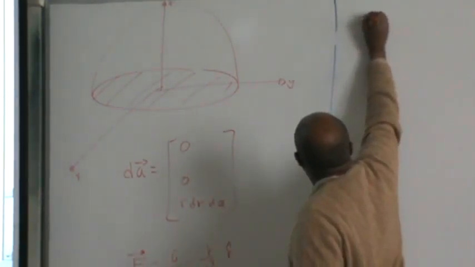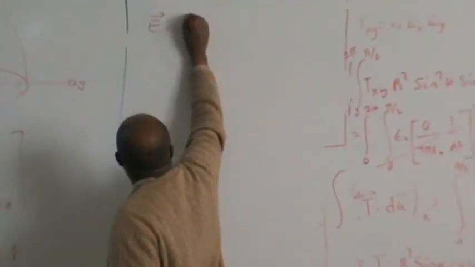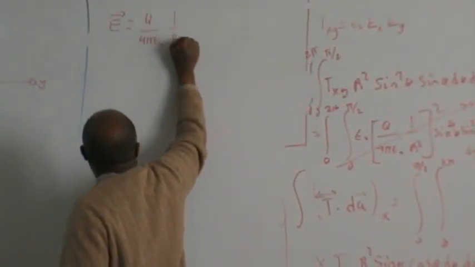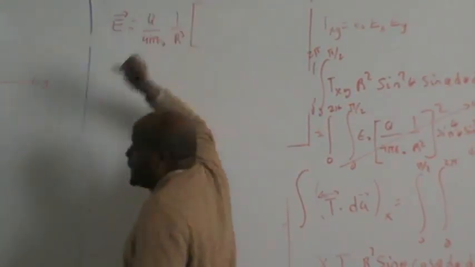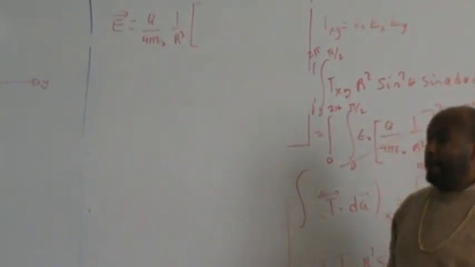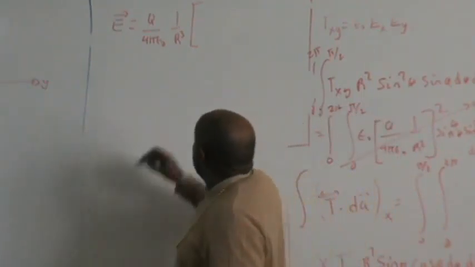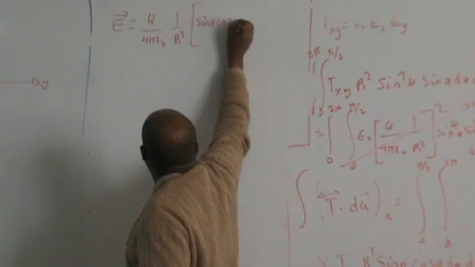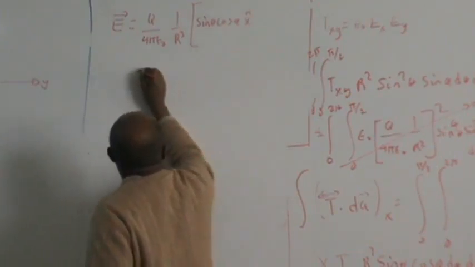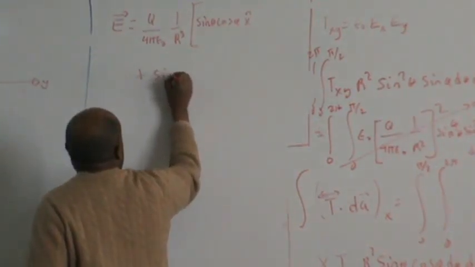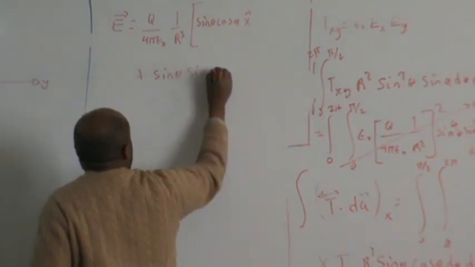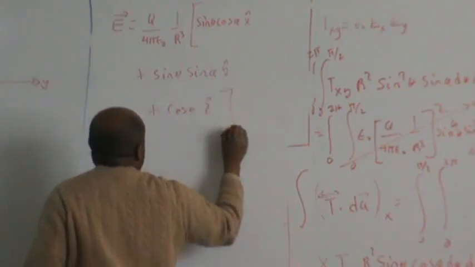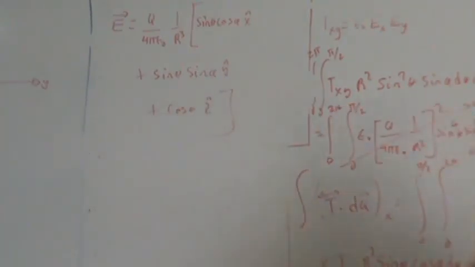E is going to be Q over 4 pi epsilon naught, 1 over r squared, and the components are sine theta cosine phi x hat, plus sine theta sine phi y hat, plus cosine theta z hat. But what do we know about theta?